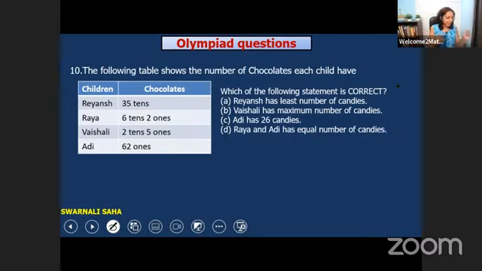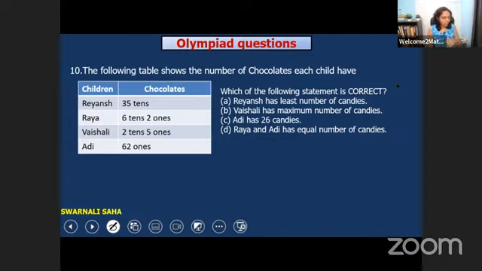Okay. Riyansh, Raya, Vaishali, and Adi. On the left hand side, they are the children's names. And on the right hand side, the number of chocolates are given. And now we have to choose which statement is correct among the options 1, 2, 3, 4. There are 4 options here. Which would be the correct one that we have to find out?